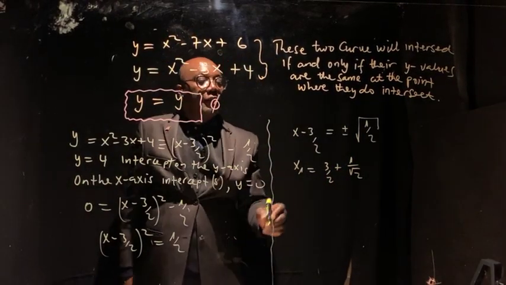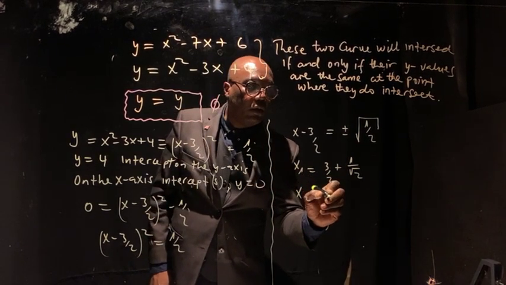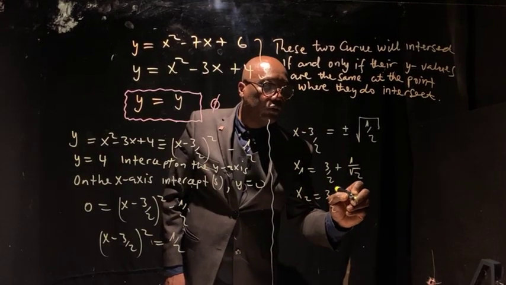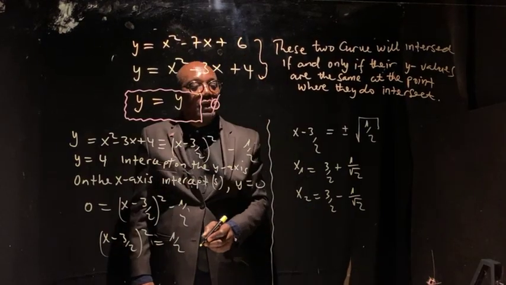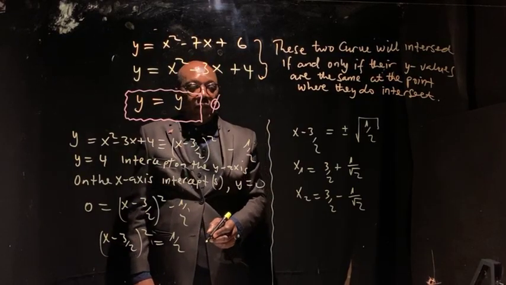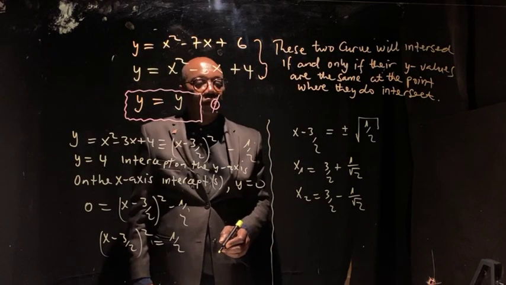Good. And x2 equals 3 over 2 minus 1 over root 2. These are the x-axis intercepts.